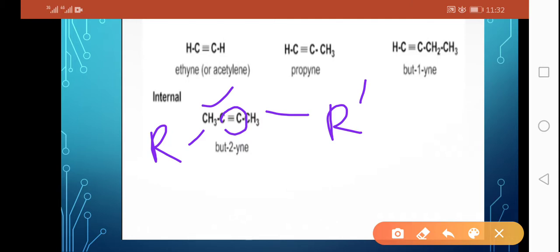So simply we can say that in the internal alkynes the triple bond is present in between the two alkyl groups, while in the case of the terminal alkynes the triple bond is present at the end of the chain of the alkyne.